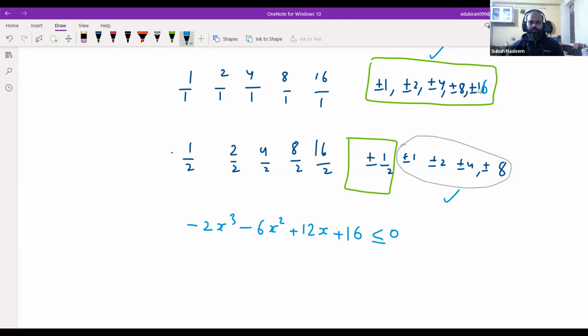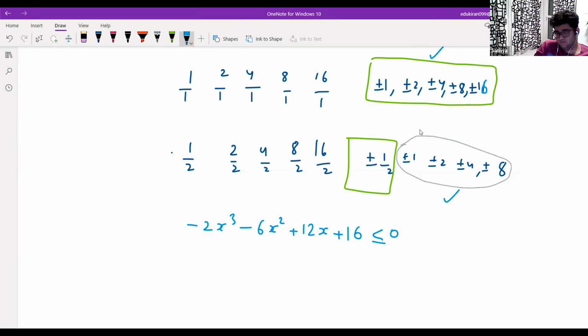So just check. But I got P of 1 as 20, greater than or equal to 0.